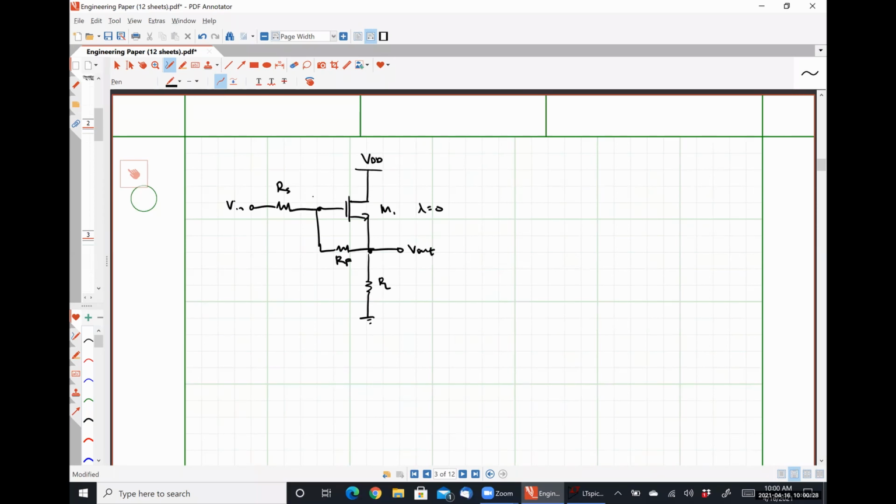Here we have RS. Let's call this guy node X. And we are making the assumption here that RF is large enough such that our relationship Vout over Vx is approximately that of a source follower. So that would be RL over RL plus 1 over gm.